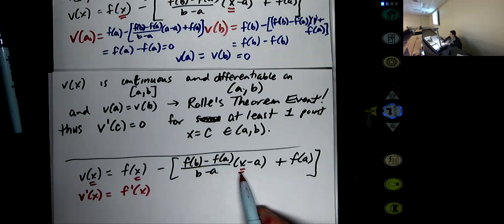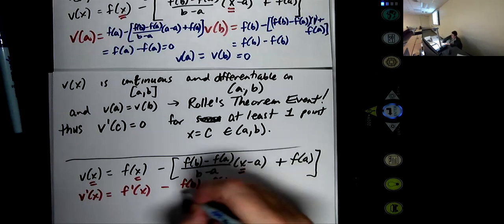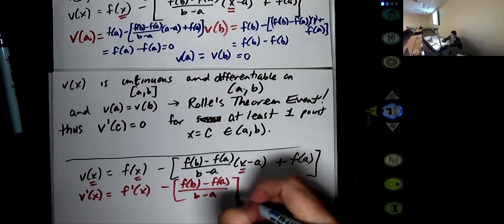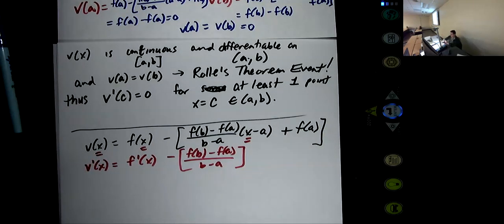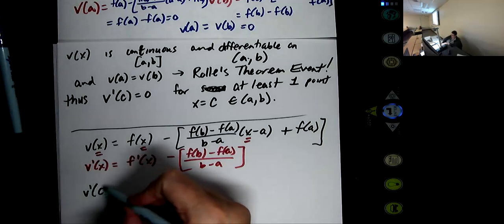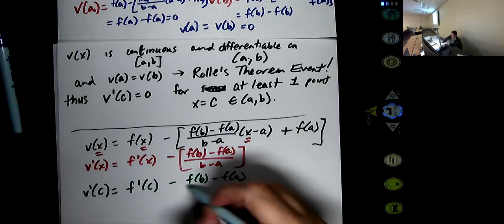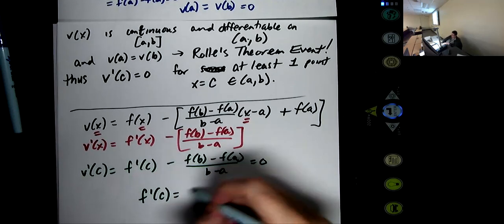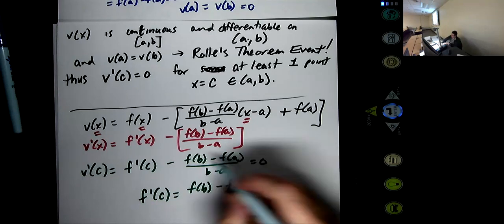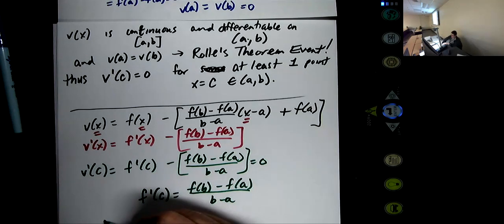It's just 1, right? 1 times this. That's V prime of x. And V prime of c equals 0 says that f prime of c minus f of b minus f of a over b minus a equals 0. We solve for f prime of c. And that's the mean value theorem.